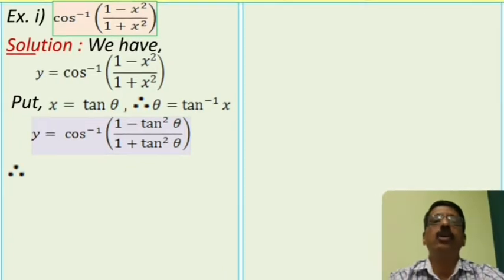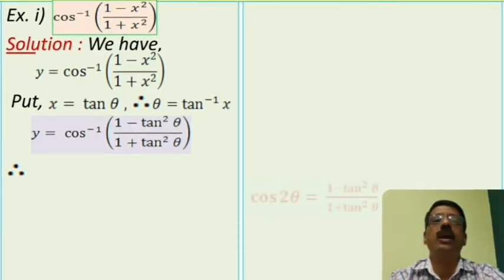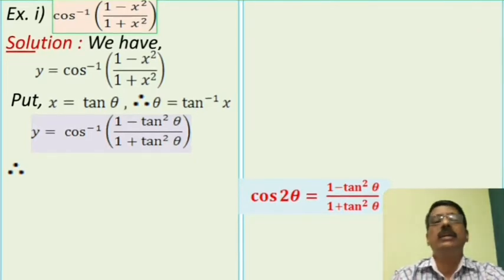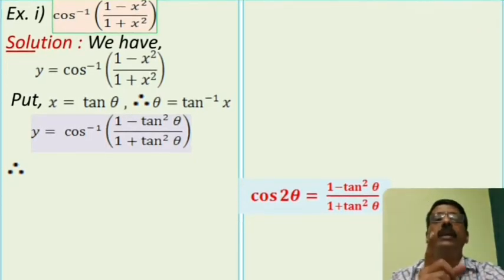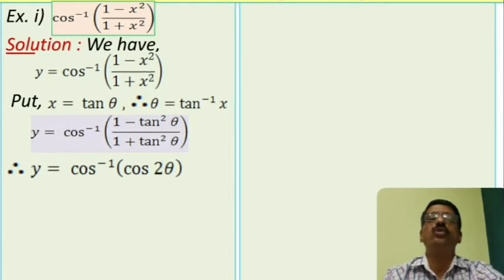Do you remember the formula? Yes, what is the formula? 1 minus tan square theta upon 1 plus tan square theta equal to cos of 2 theta. That formula is applied here, and therefore the given function becomes y equal to cos inverse of (cos of 2 theta).